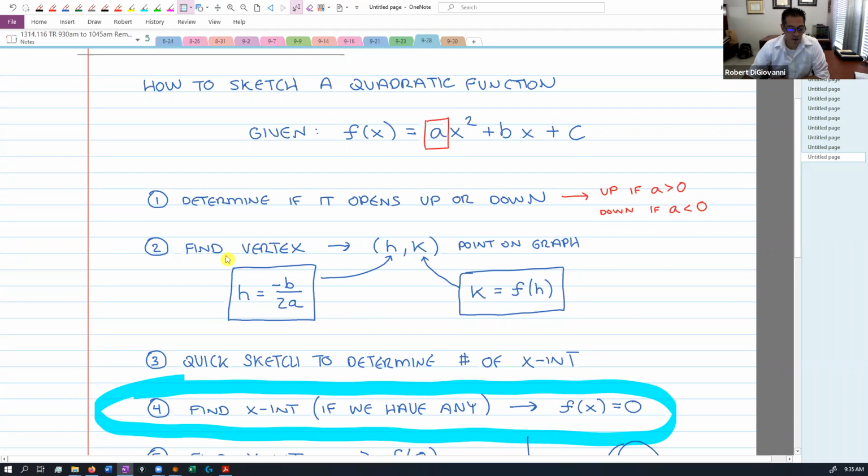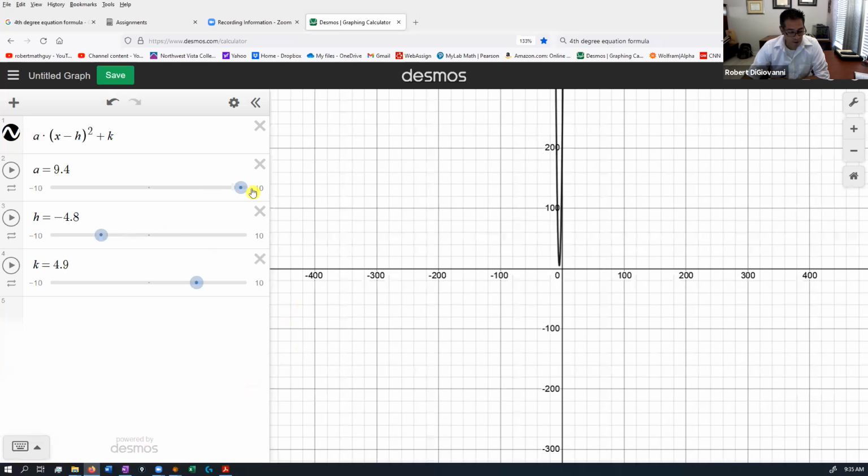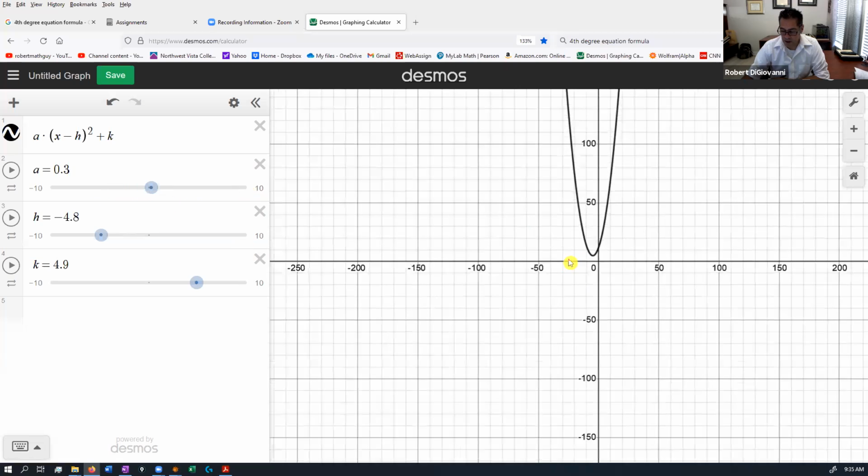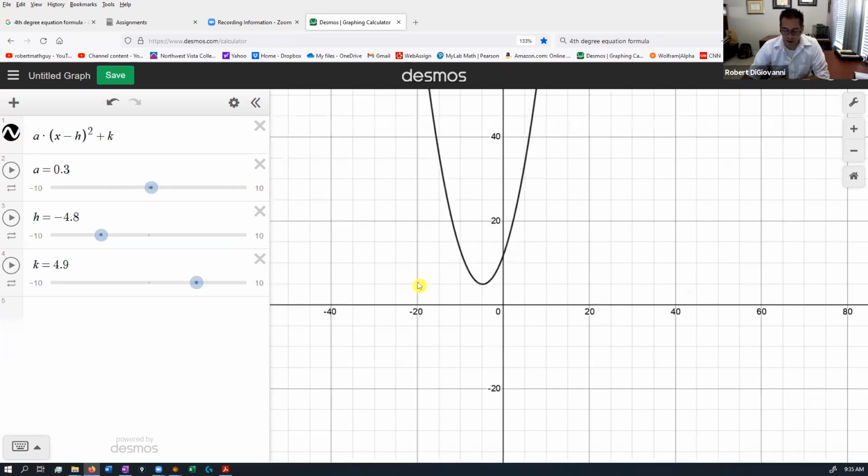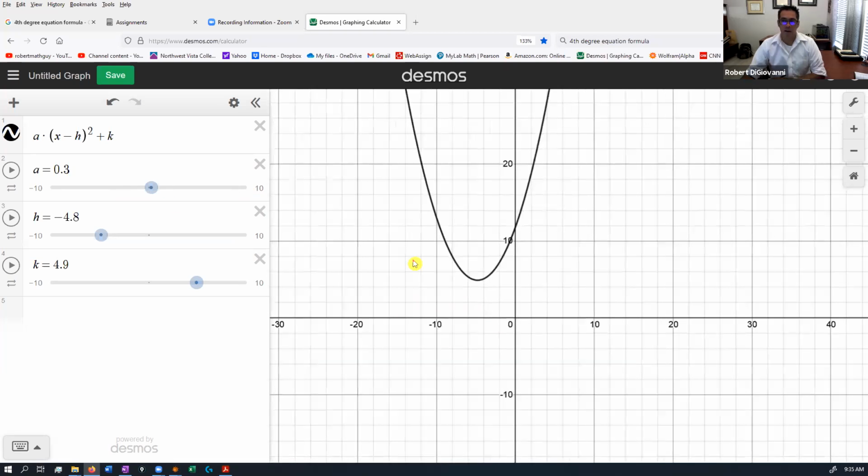The second thing we do is find the vertex of the parabola. Now, we talked about what the vertex is a little bit. Let me zoom in on this. So when you're given a parabola, if it opens up, the vertex will always be this point.